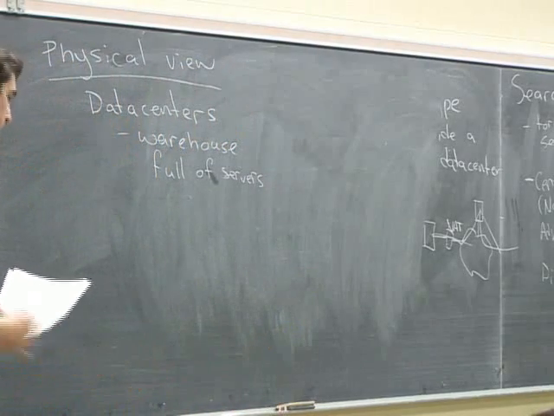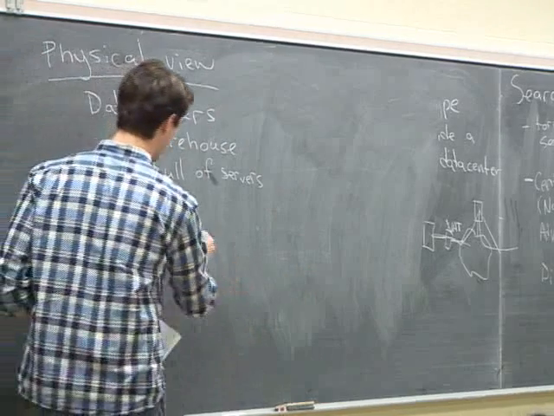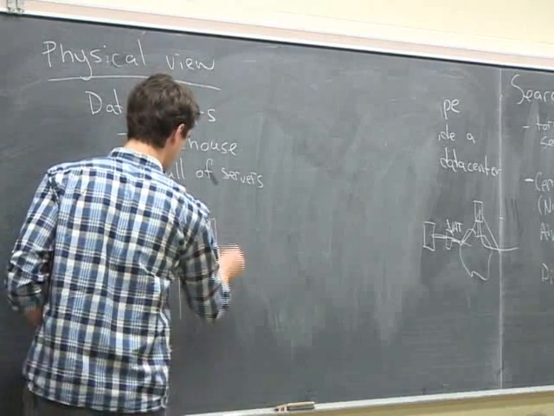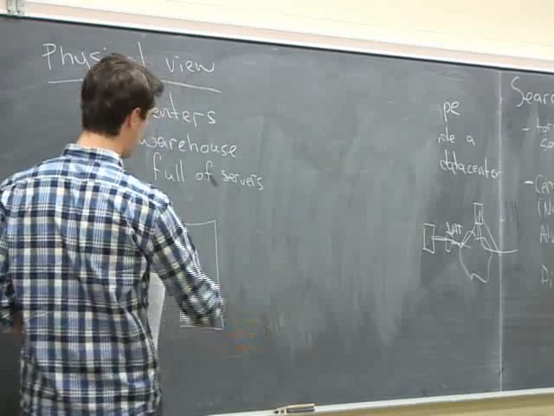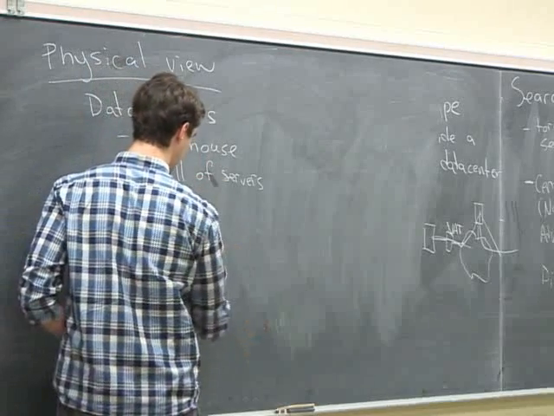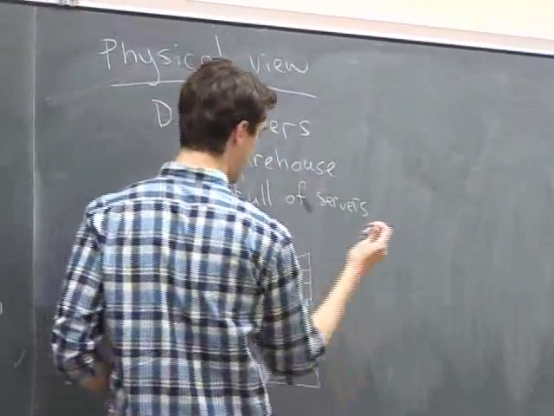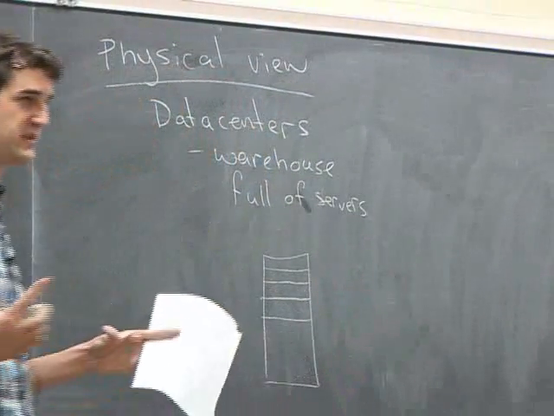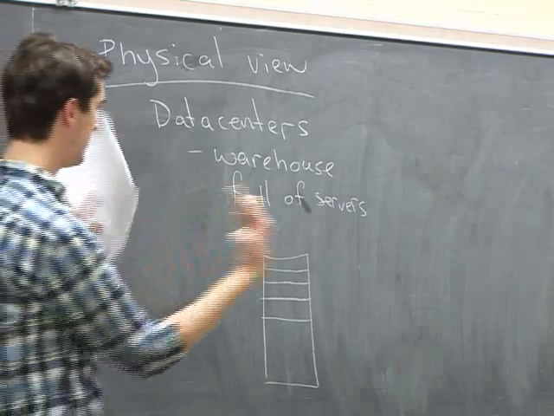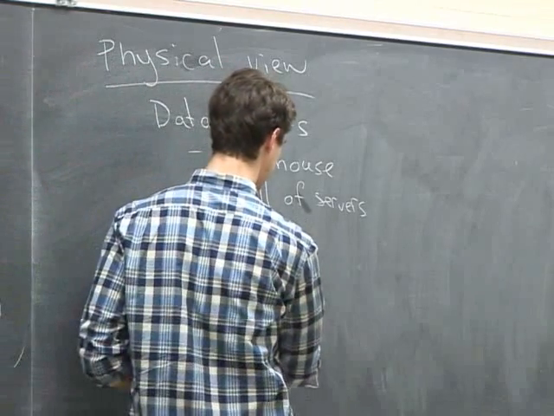And so the way these things typically look is we have a rack here, and this rack has a bunch of partitions. Each of these is called a slot, and they're about the size of a pizza box, and one server goes into one of these slots.